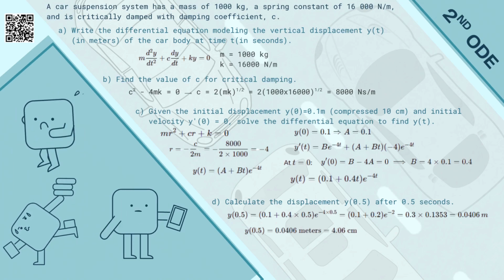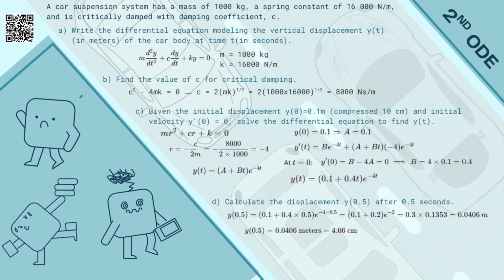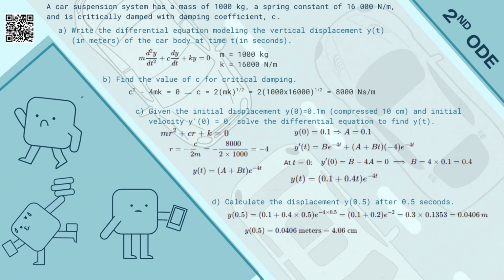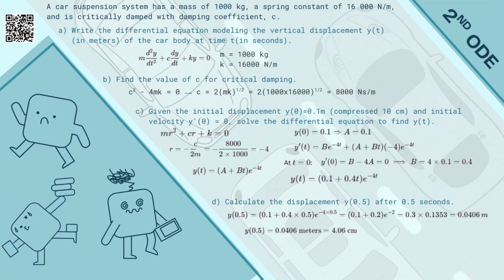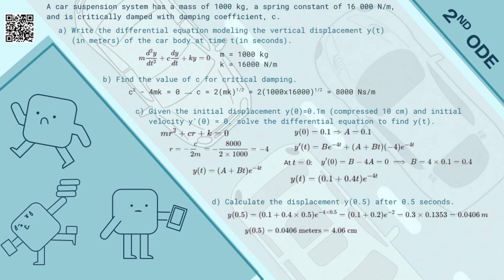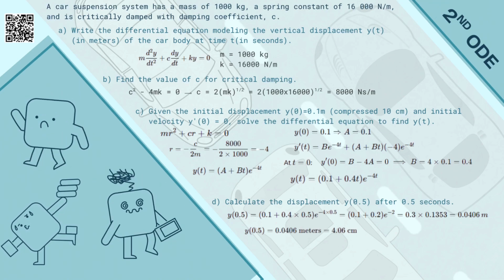So the equation is m d2y over dt square plus c dy over dt plus ky equals 0, given the mass of 1000 kg and the spring constant of 16,000 Newton per meter.